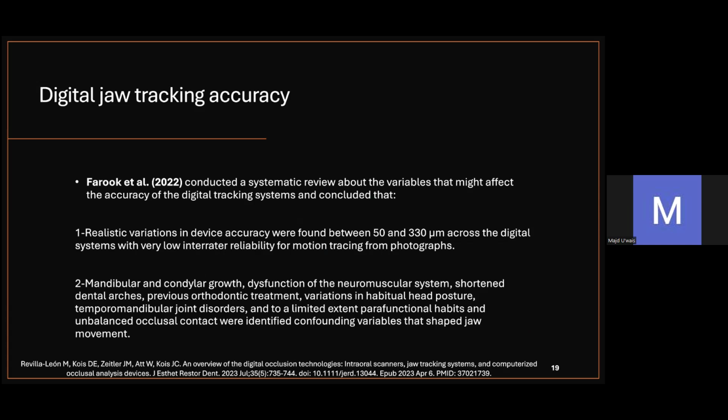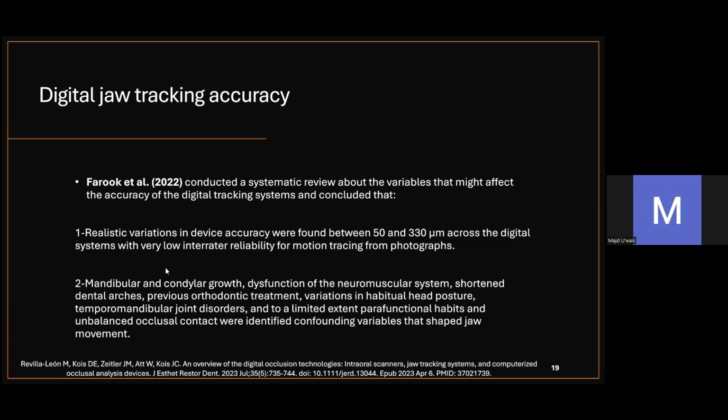Regarding digital jaw tracking accuracy, Farouk and his colleagues in 2022 conducted a systematic review about variables that might affect the accuracy of the digital tracking systems, concluding that realistic variations in device accuracy were found between 50 and 330 micron across the digital systems, with a very low inter-rater reliability for motion tracing from photographs.